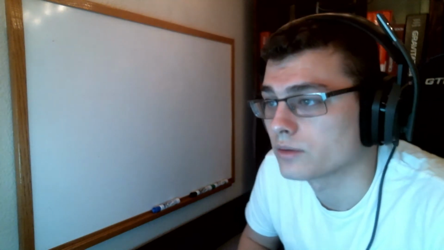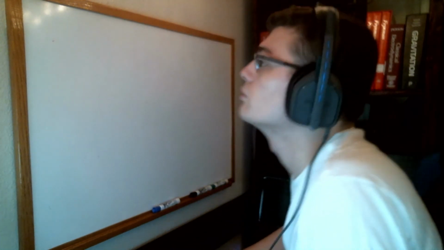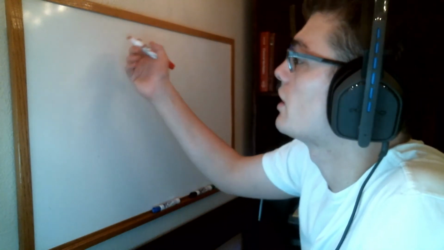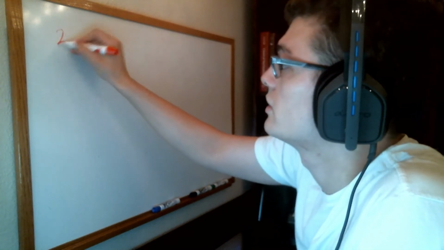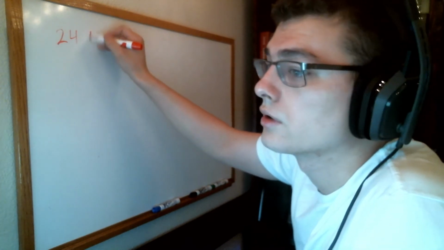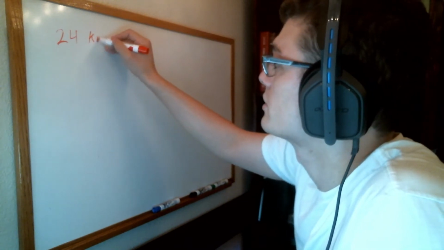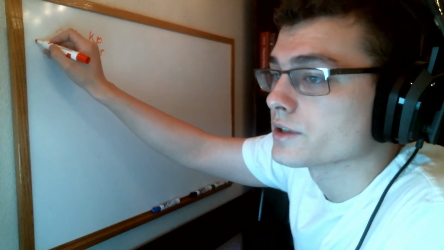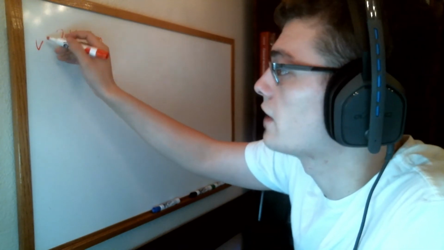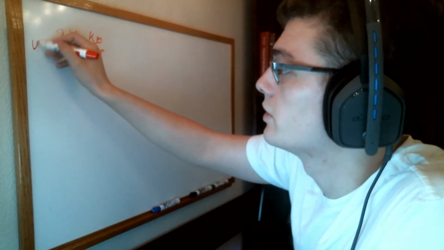To heck with that. We're just going to use kilometers instead. So we have this bicycle that is going to be moving at, say, I don't know, 24 kilometers per hour. This is our average speed, so I'm going to put V bar here.